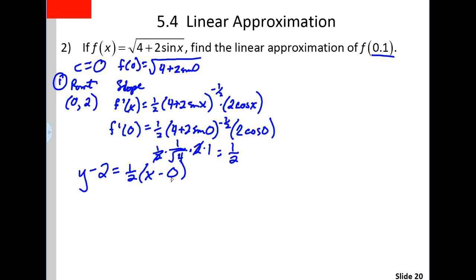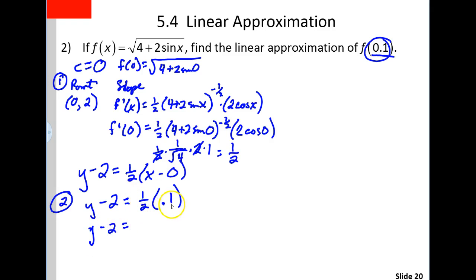So now step 2 is to plug the value that we're trying to estimate into our tangent line. So y minus 2 equals 1/2 times 0.1. All right, so y minus 2 equals half of 0.1. Well, what is 0.1?